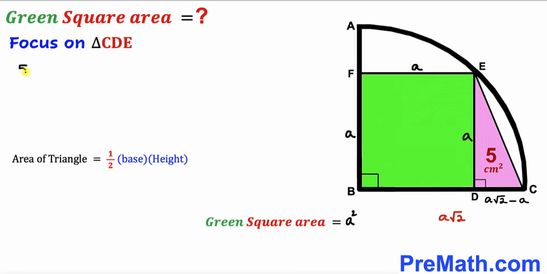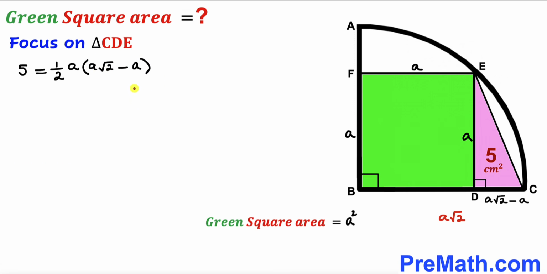So we got 5 as our area equals a half times our base a, times the height, which is a times square root of 2 minus lowercase a. And now let's make an observation. Inside this parentheses, a is in common.